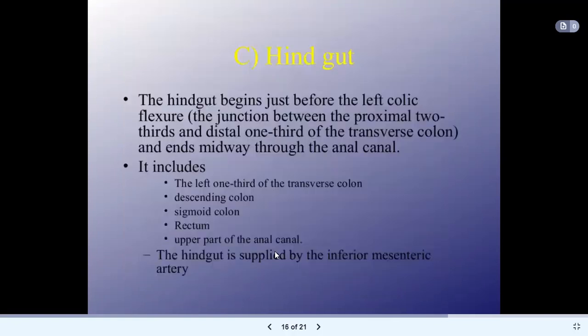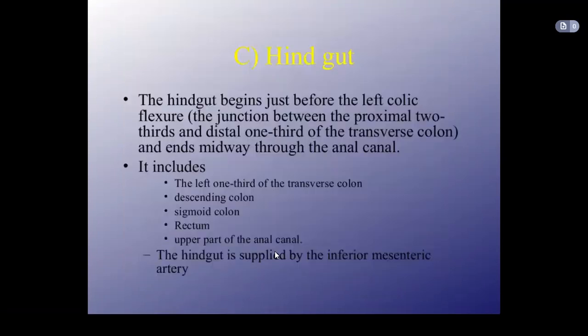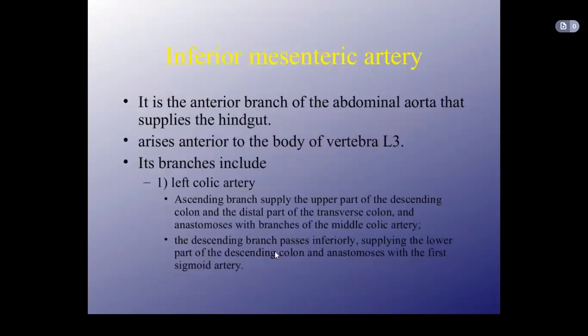And then the hindgut, we said, is made up of the left one-third of the transverse colon, the descending colon, the sigmoid colon, the rectum, and the anal canal, and they are supplied by the inferior mesenteric artery. The branches include the left colic artery, which has an ascending branch and a descending branch.